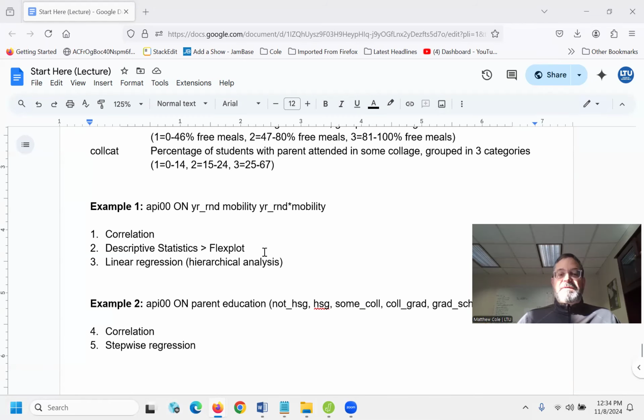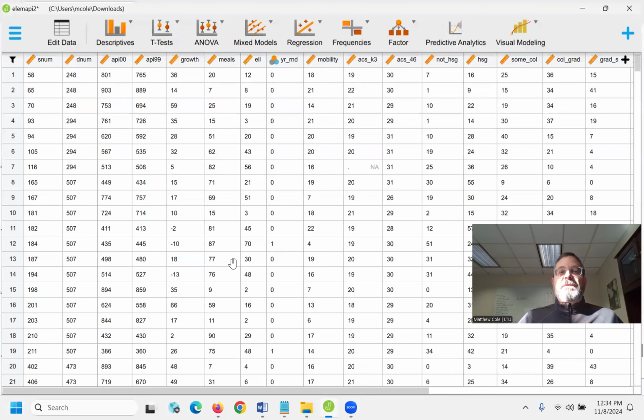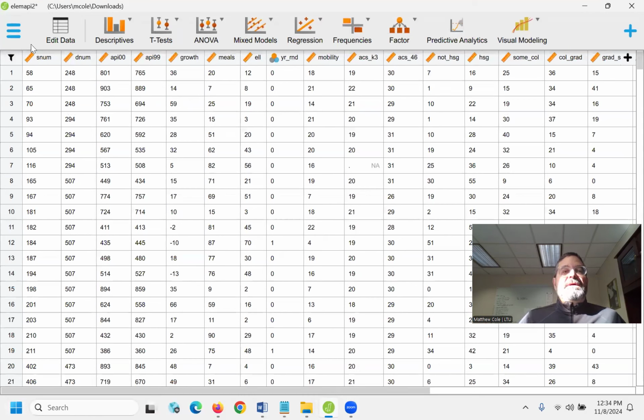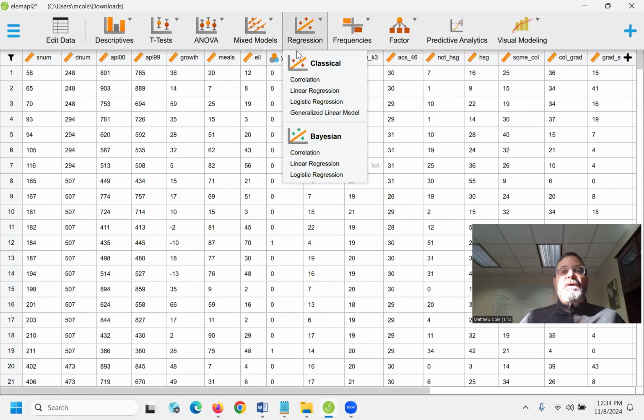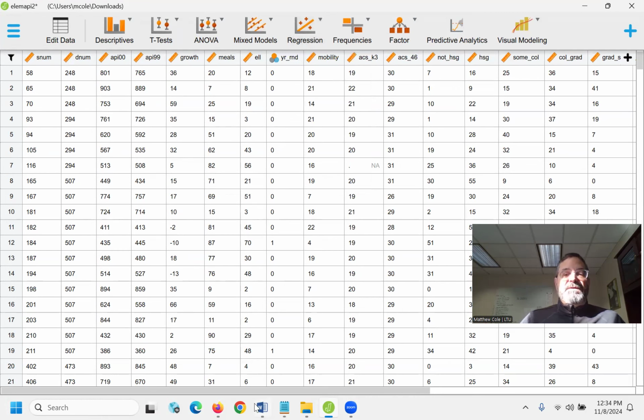I just opened up the data. Okay. So let's go ahead and start with the correlation. Oh, you know what we're going to do? Well, we might as well remind ourselves what year-round is. We can see year-round is a categorical variable.